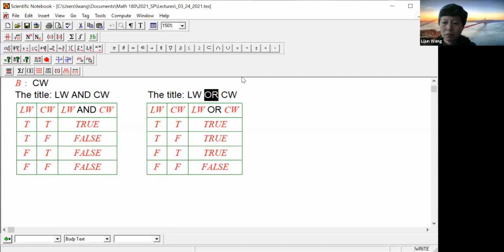Do you follow me? Especially in the legal area. If you see a legal document and they use the word "and" or the word "or," they actually mean the same thing. The same truth table would apply.